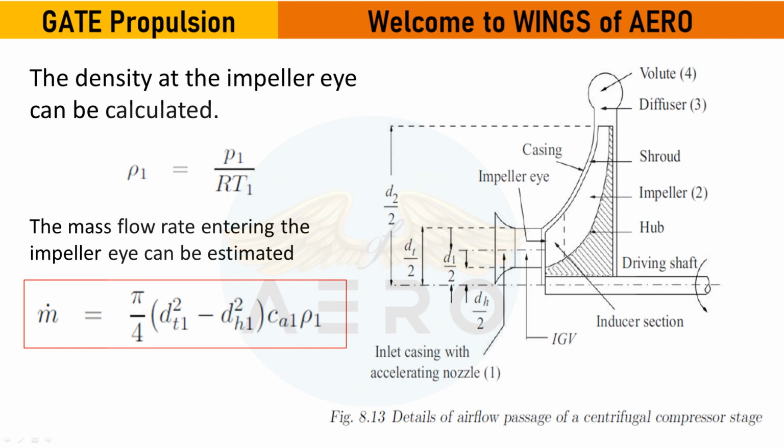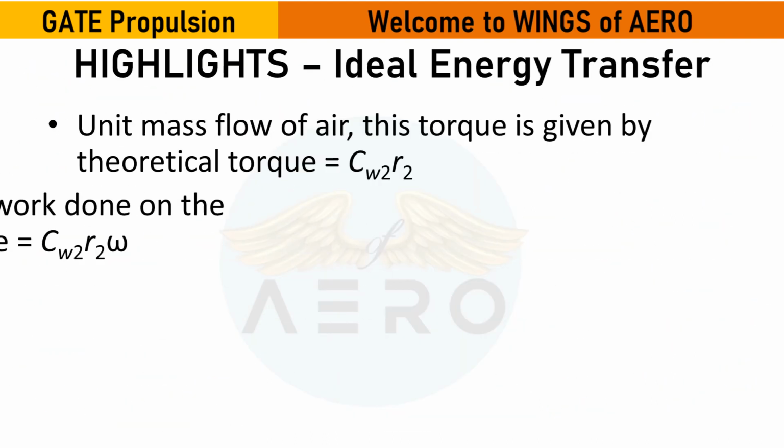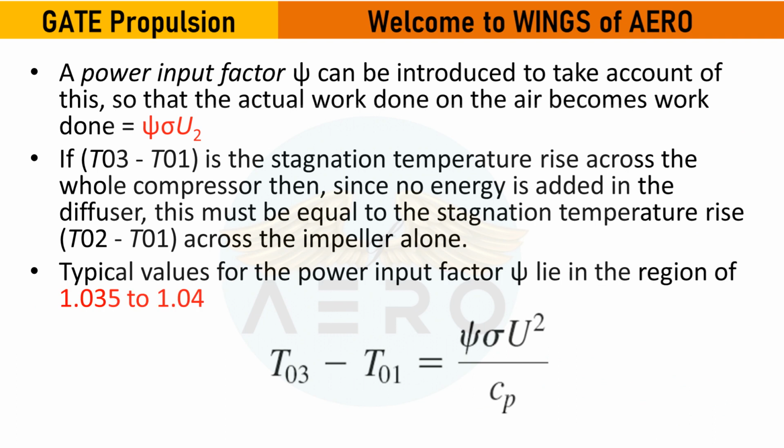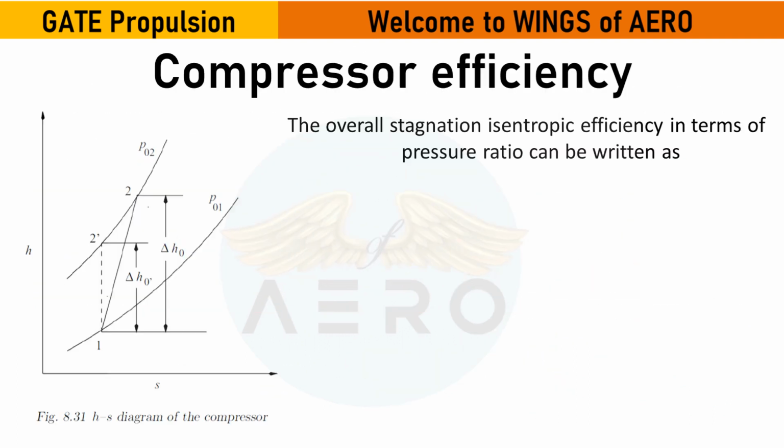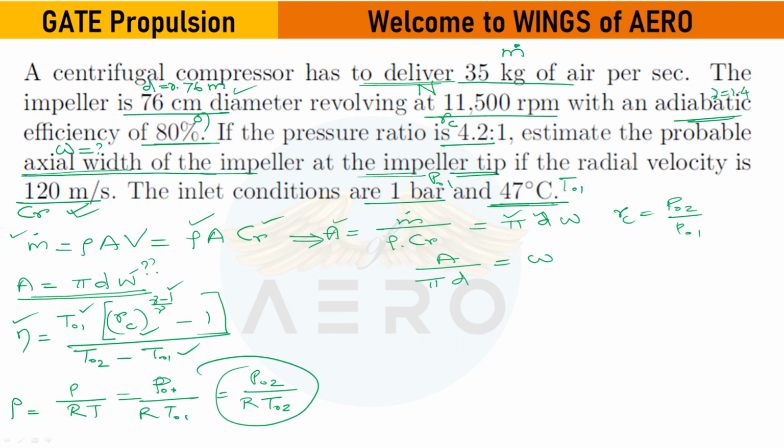So they have given hub or the eye or the tip. Tip is at the exit one. Hub or the inlet they have mentioned is the entrance one. So this thing you have to ensure. Alright, is it clear right now why you have to use 2? So these are the important things actually.